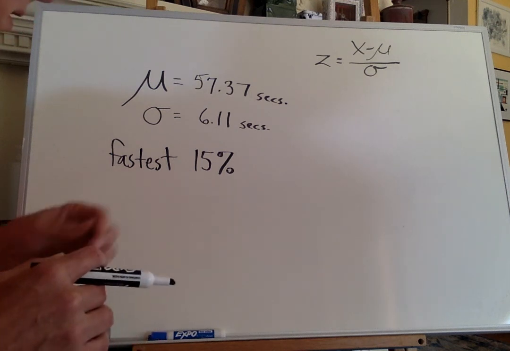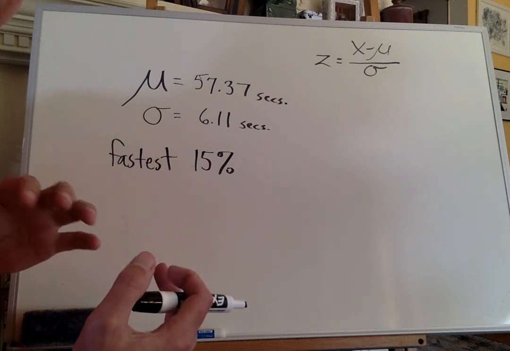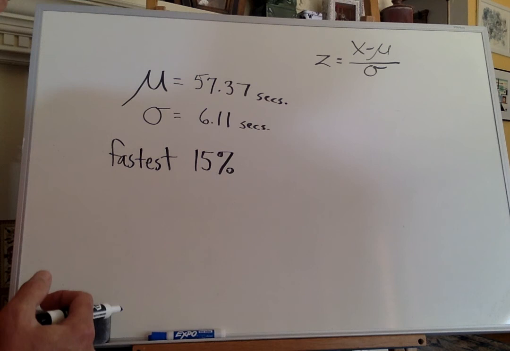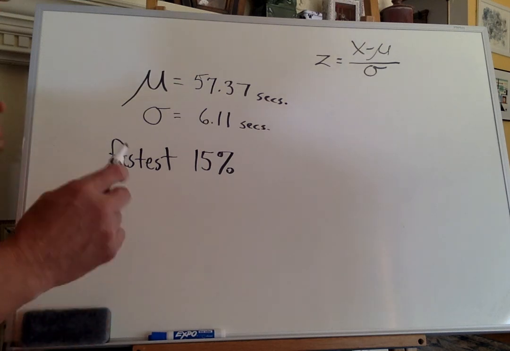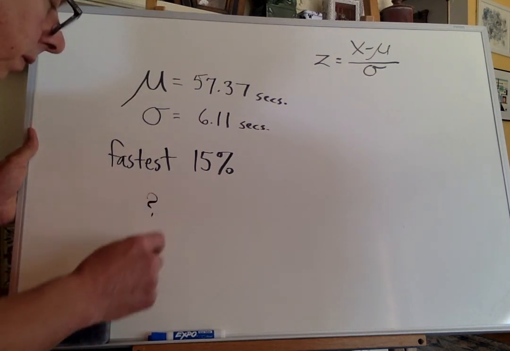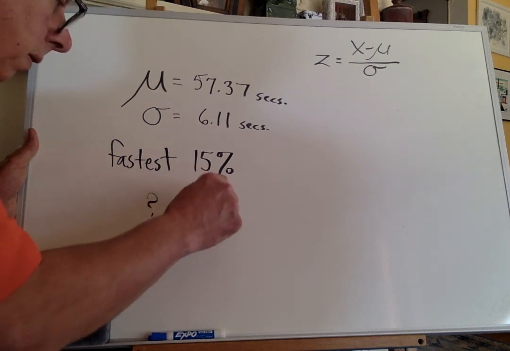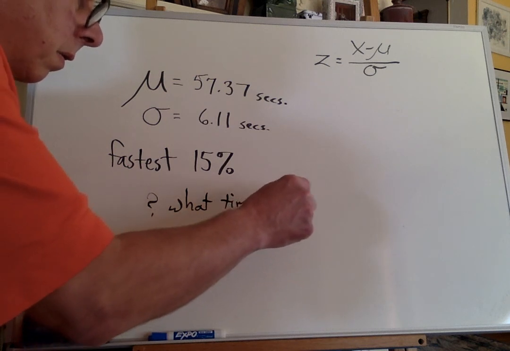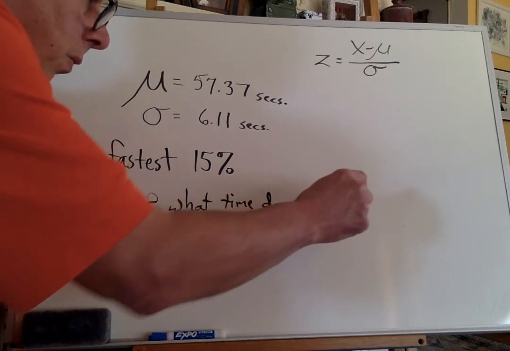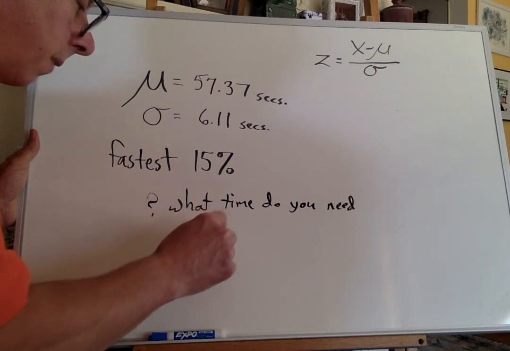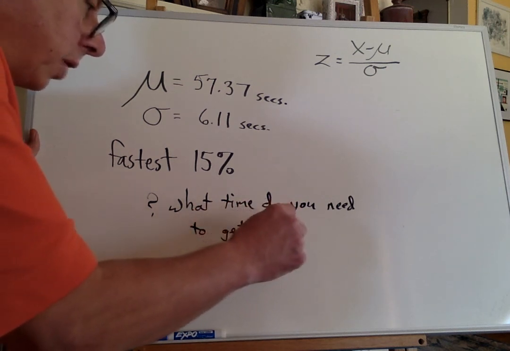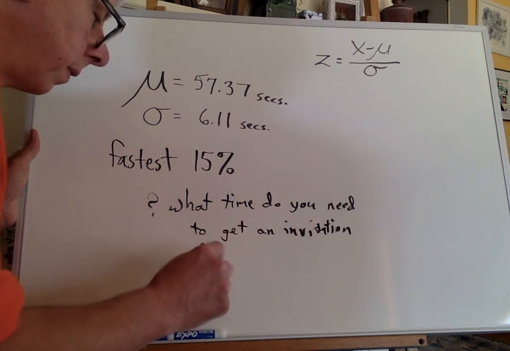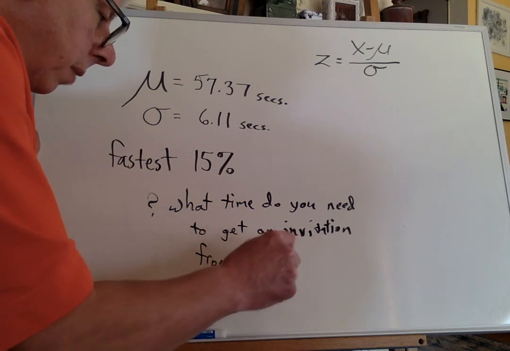Okay? If you're in the top 15%, you're going to get an invitation to try out for Olympic tryouts. So the question is, what time do you need to get an invitation from the United States Olympic Committee?